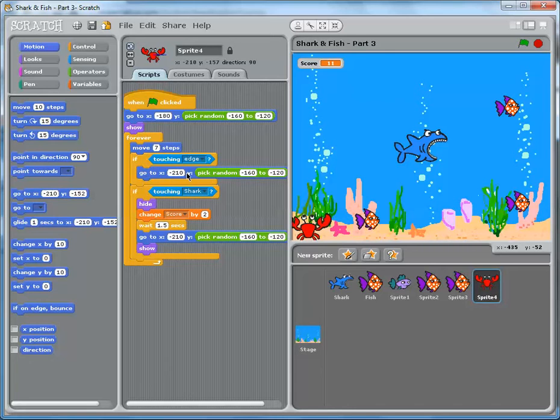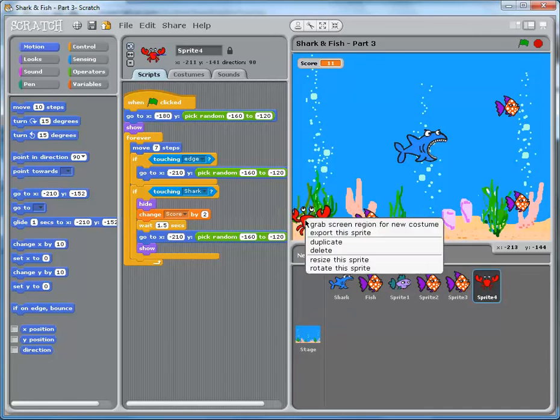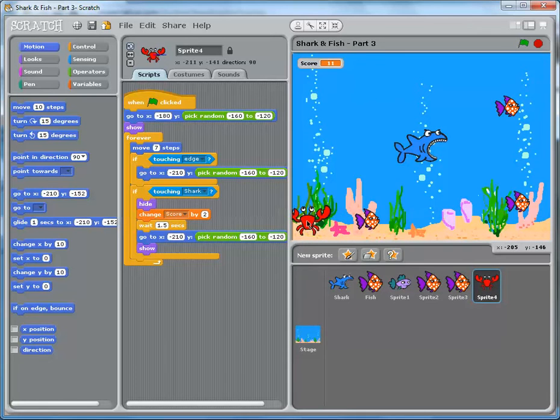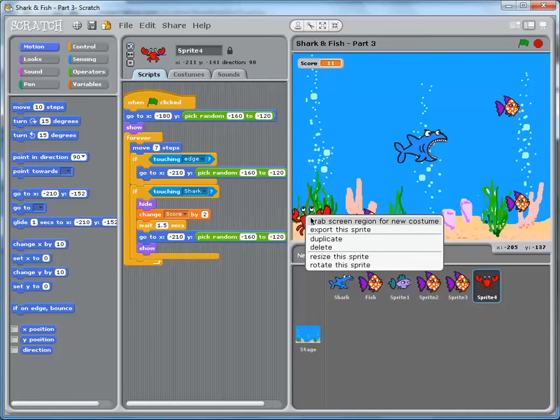So what's happening is it's touching the edge, then it's going to negative 220. If I pick this sprite up and look at my x-axis, remember down here in the bottom right-hand corner, you can't see it on the overhead, but negative 220 basically puts that crab right back to the same spot as he was, so now he's still touching the edge. So it's continuously touching the edge over and over.